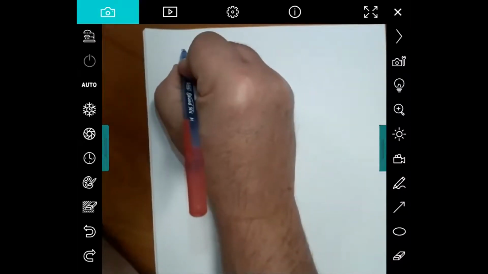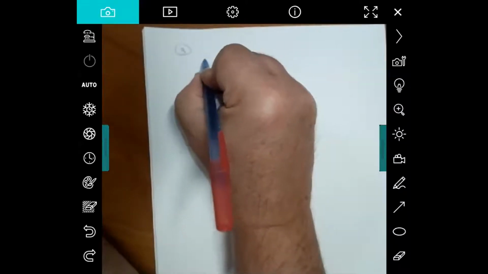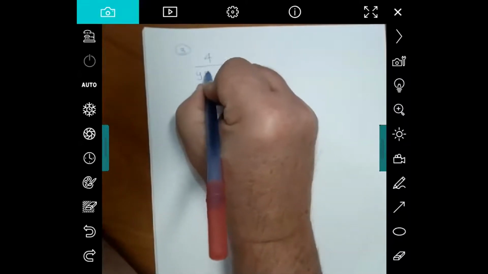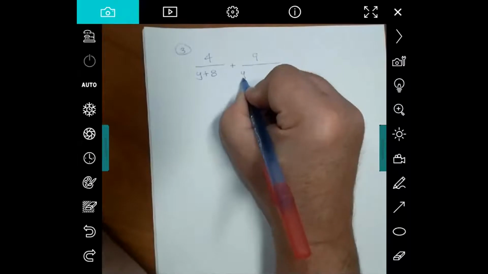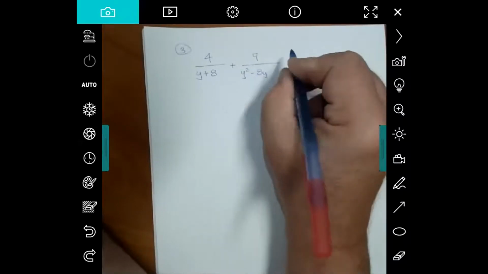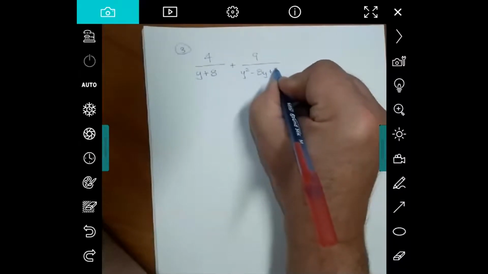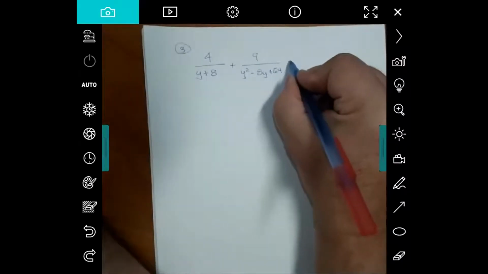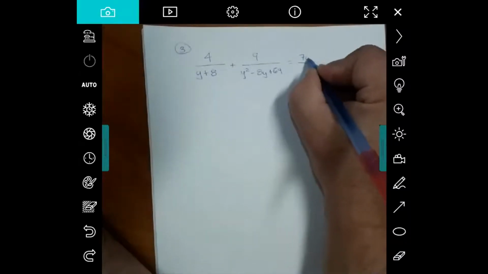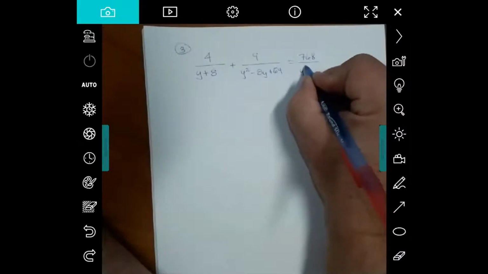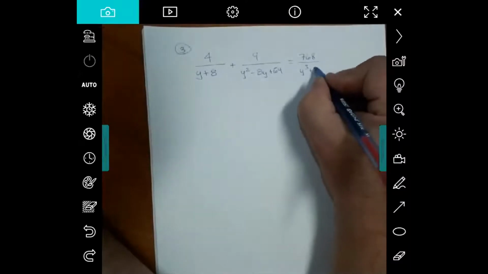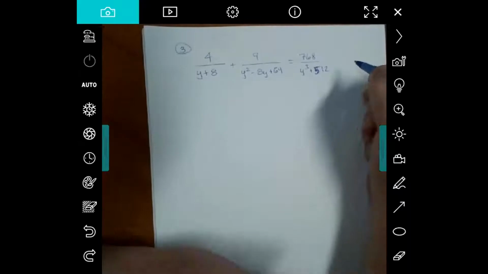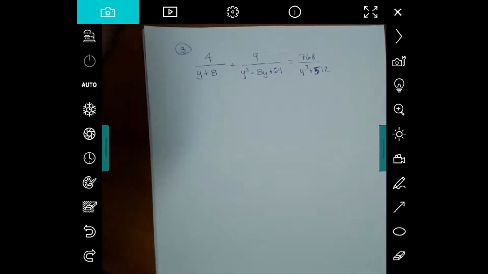Okay, now the third one. 4 over y plus 8, plus 9 over y squared minus 8y plus 64, equals 768 over y cubed plus 512.